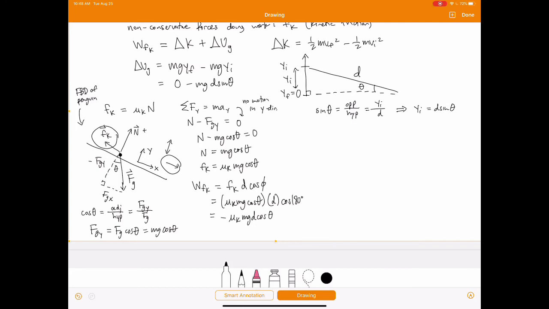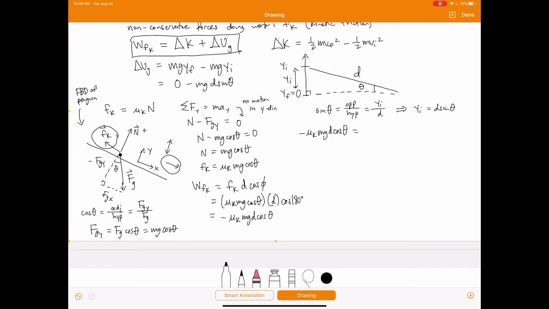Okay, so now we're going to put all of that together into one single equation. Remember, here I'm going to put a little box around the equation we're using. This says the work done by friction is delta K plus delta U. So the work done by friction is minus mu k mgd cos theta.